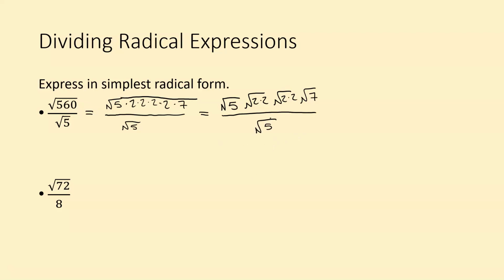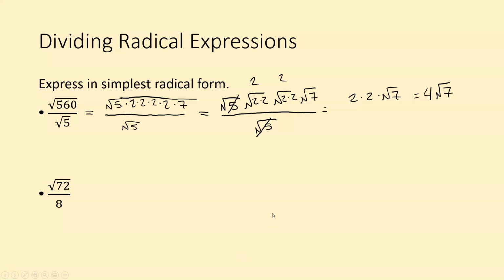So the root 5s can cancel. These would be the square root of 4, right? 2 times 2 is 4. So this would equal 2, and this would equal 2. So I would really have 2 times 2 times the square root of 7. That would be 4 root 7. That's my answer for that one.